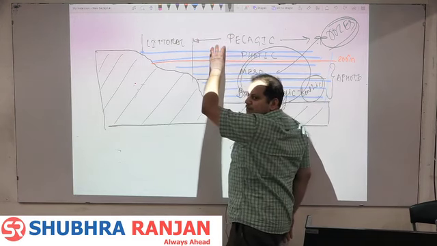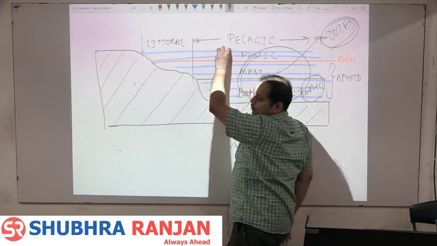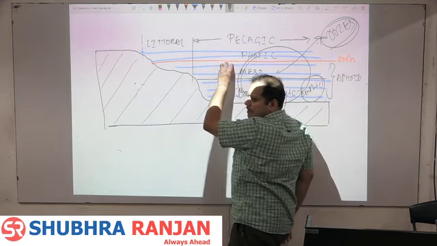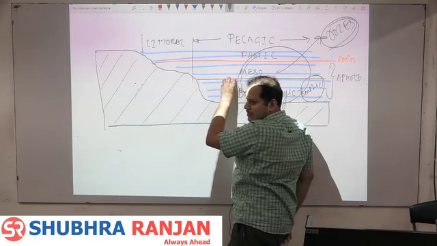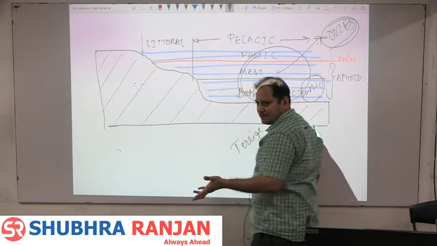Depending upon the intense amount of light, it can be divided into photic and aphotic. Aphotic biome is further divided into epipelagic, mesopelagic, bathypelagic. Bathypelagic is the deepest part. Fine?